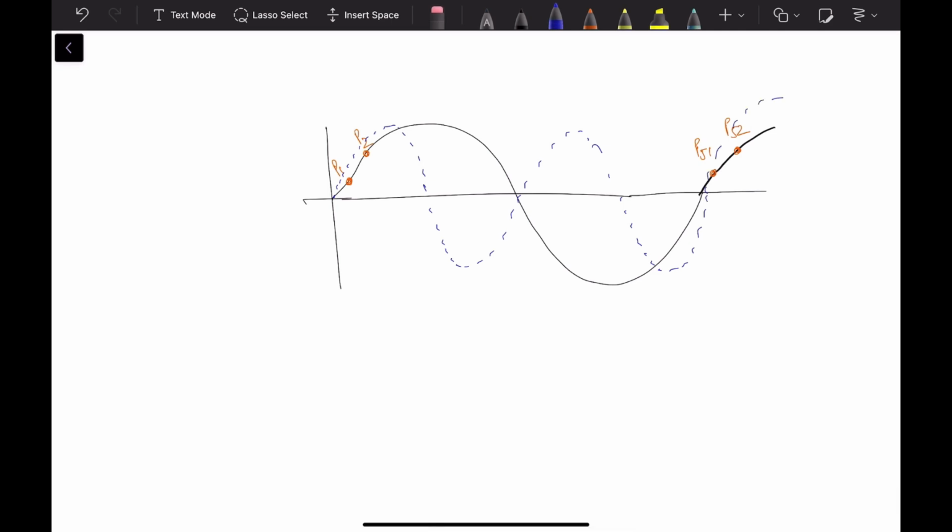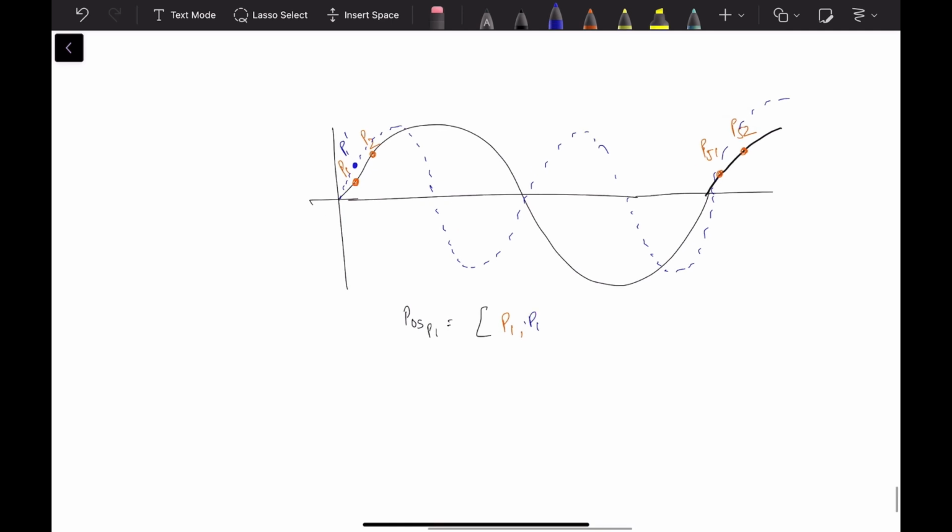So what will happen with this is that each position will have a P1 and a P1 dash, right? So each positional vector will be a two-dimensional space. So the positional vector for P1 will look something like the first dimension would be point P1 and the second dimension would be point P1 dash, right?